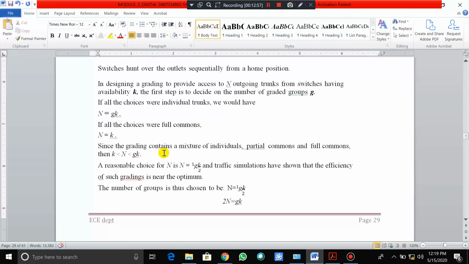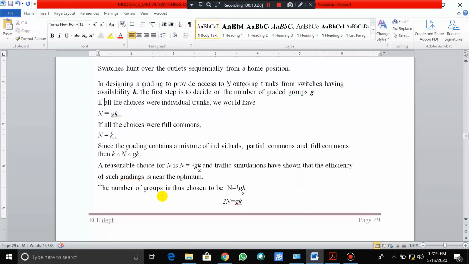Since the grading contains a mixture of individual, partial commons and full commons, K is less than N, less than G of K. A reasonable choice for N is 1/2 G of K, and traffic simulations have shown that the efficiency of grading is nearly optimum.